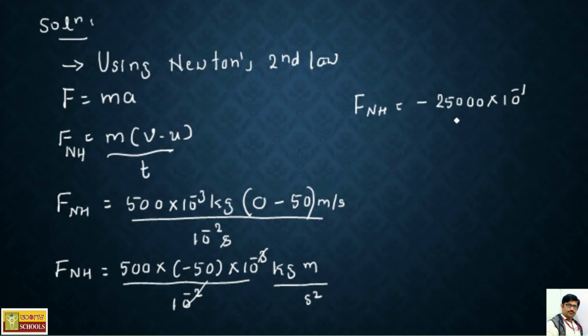Therefore I can write minus 25,000 into 10 to the power minus 1 Newton, and hence F_NH is equal to minus 2500 Newton, because divided by 10, that leaves the cancellation of this 0, you are left with 2500 Newton.